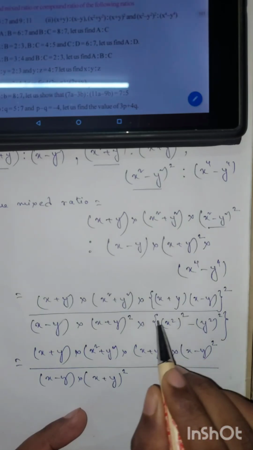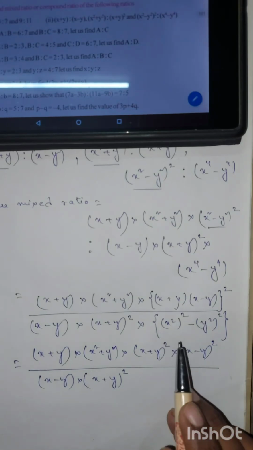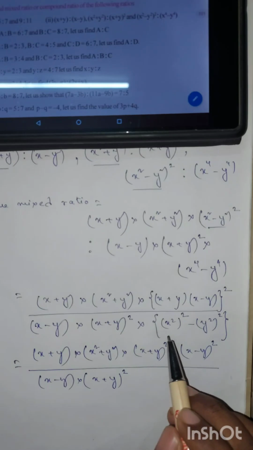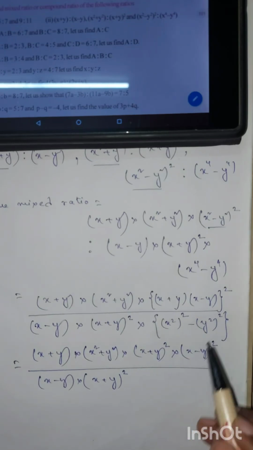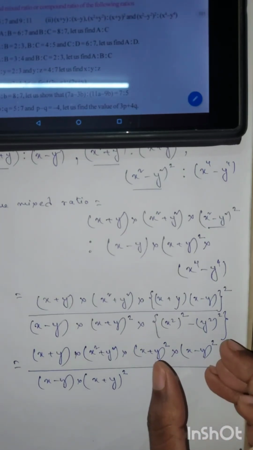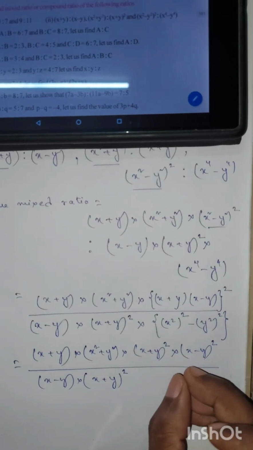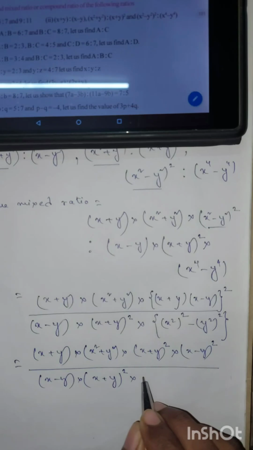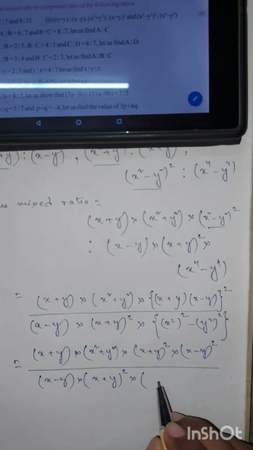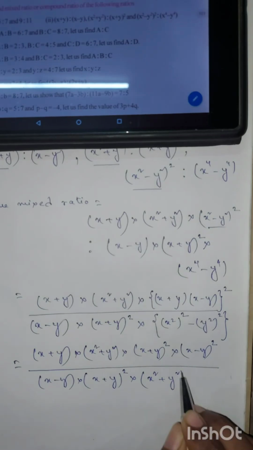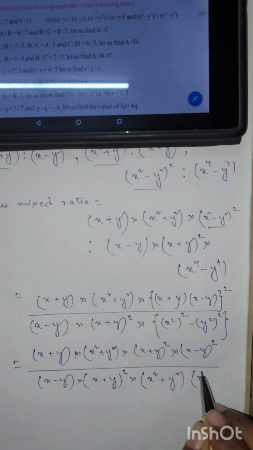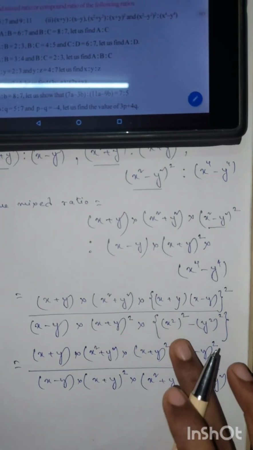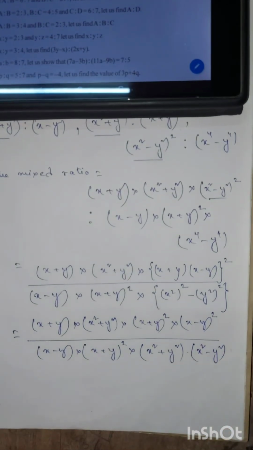Now this term can be written as something square minus something square. That means x square plus y square into x square minus y square. So we can write x square plus y square into x square minus y square in place of this. Now we can cancel.